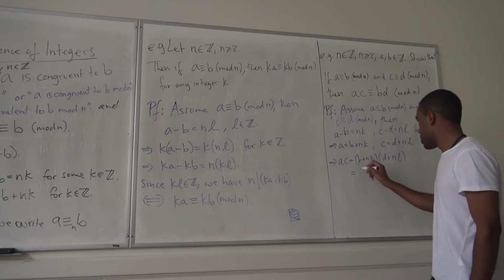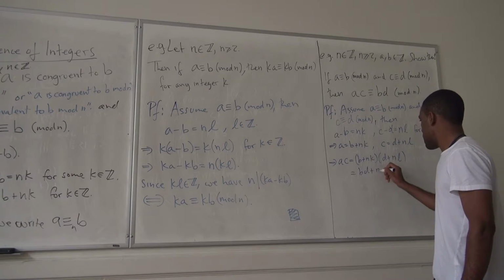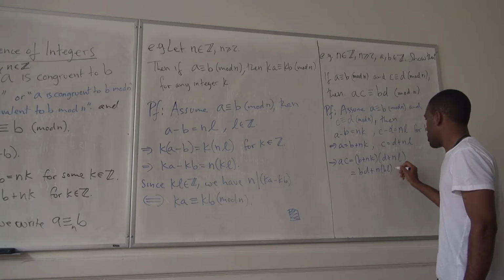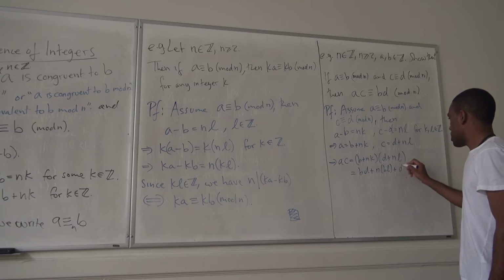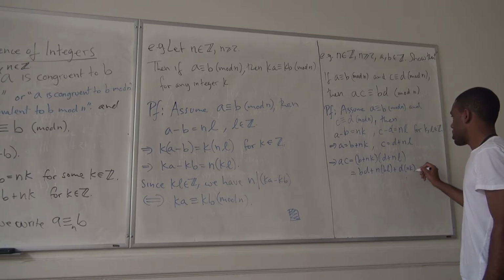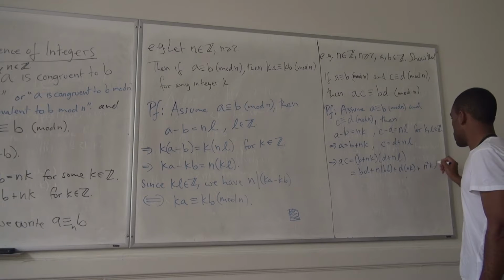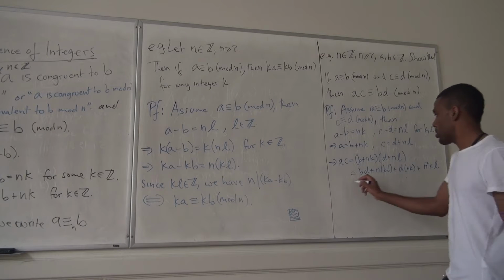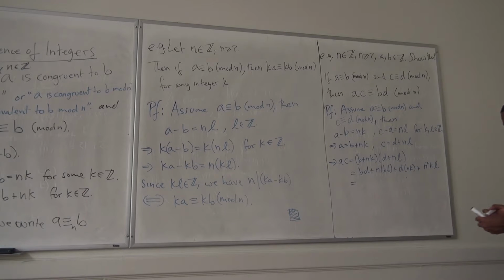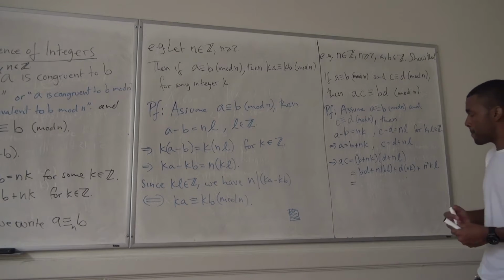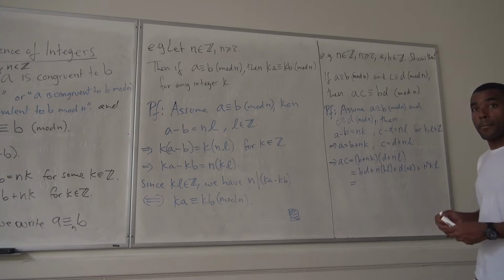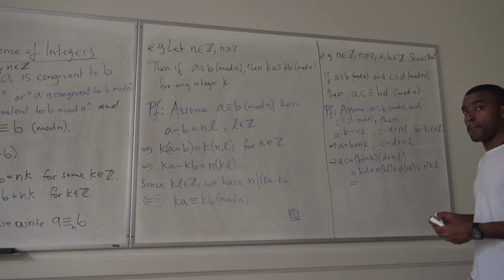Distribute, right? So this is BD plus nBl plus DNk plus n squared kl. Okay, and what can we say to that? Subtract the over.